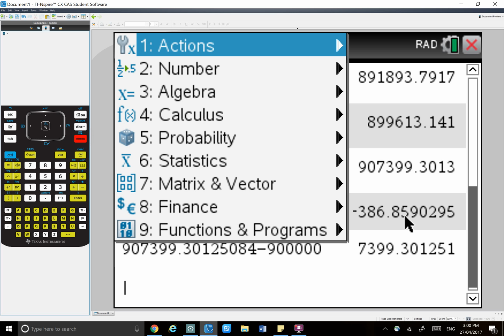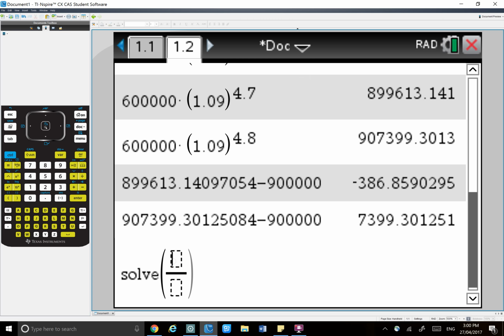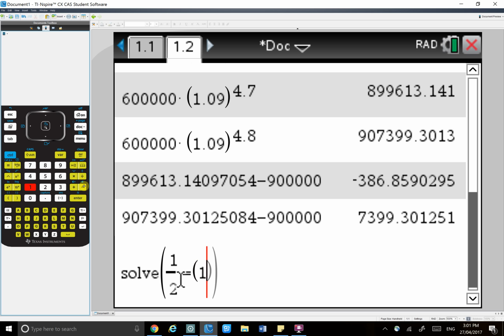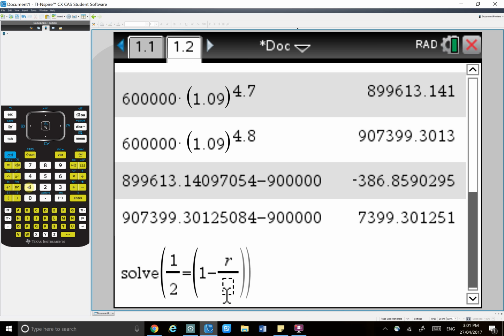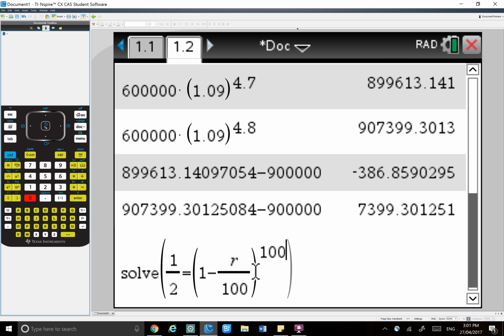Okay, let's solve. Menu, number 3, number 1. 1 over 2 equals bracket 1 minus r over 100, to the power of 100.